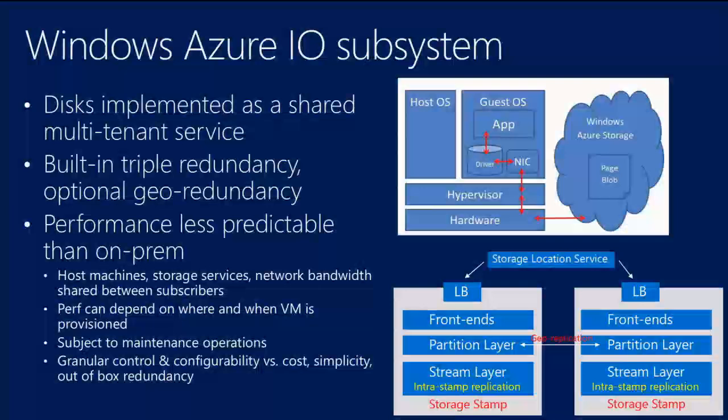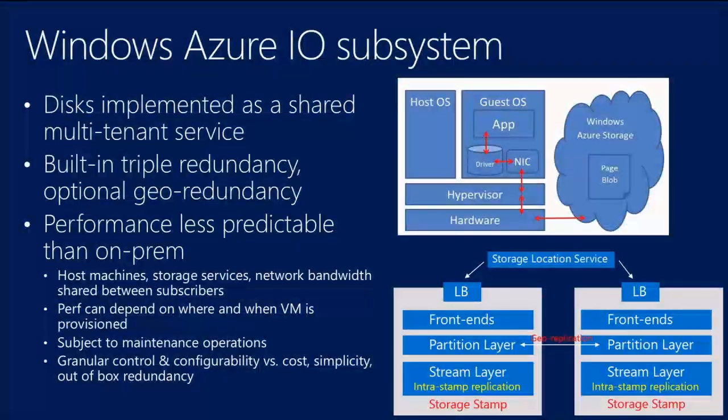Okay. Let's start talking about I/O then. It's an interesting characteristic, the I/O. The disk is implemented as a shared multi-tenant service. There are some great things about using this. You've got built-in triple redundancy, and you've got optional geo-redundancy. This is backed by an SLA, so you've got a very reliable service.